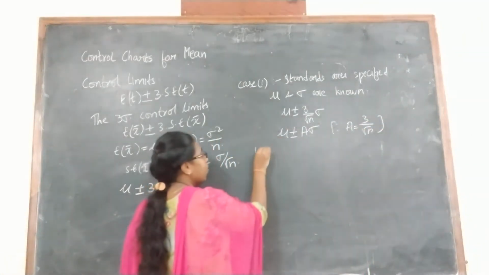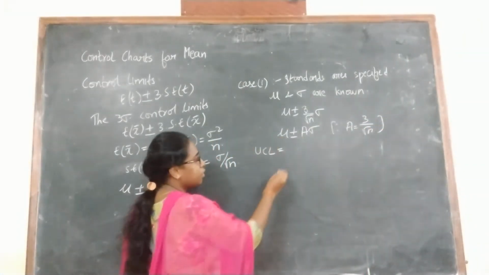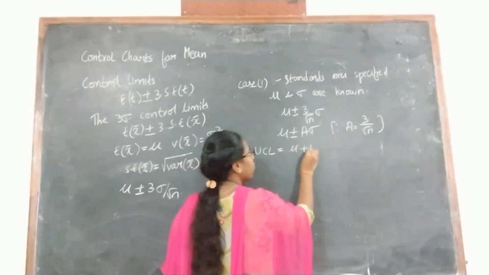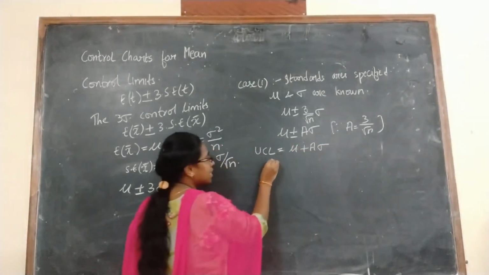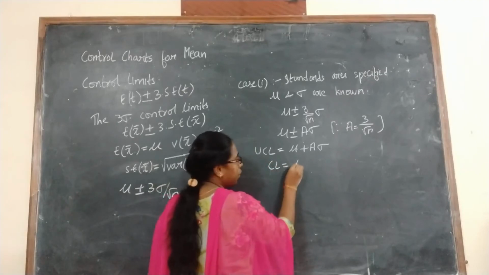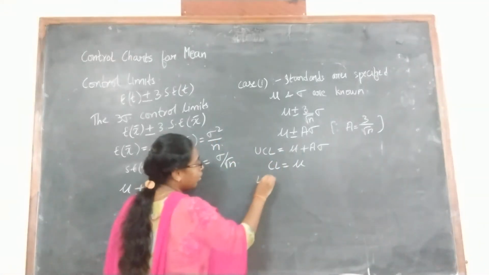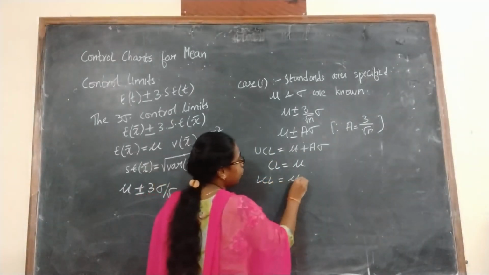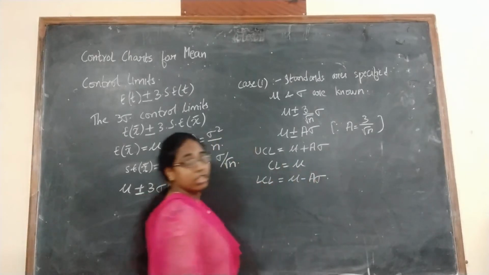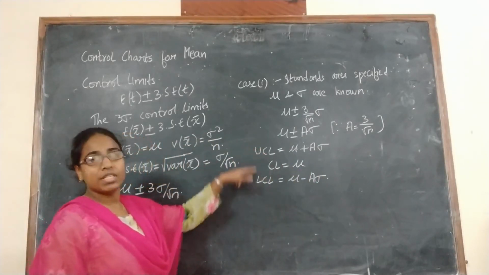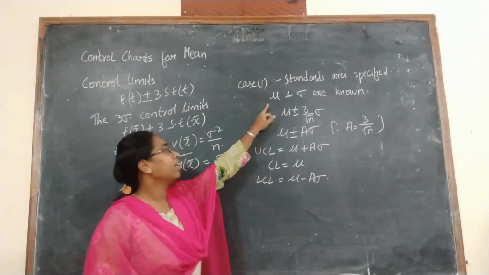So the UCL becomes mu plus A sigma, the CL will be mu, and the LCL equals mu minus A sigma. So these are the control limits when the standards are given.